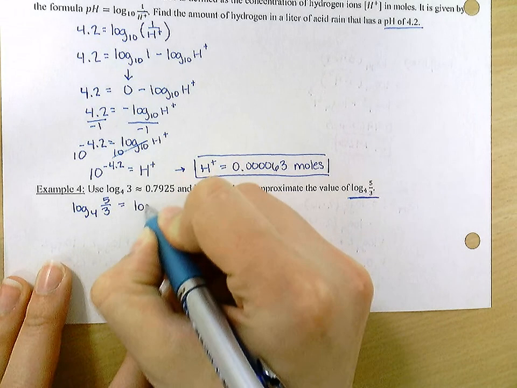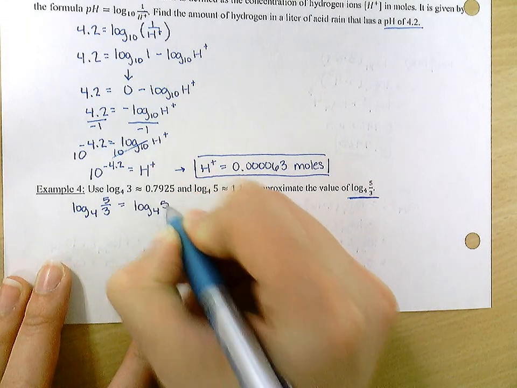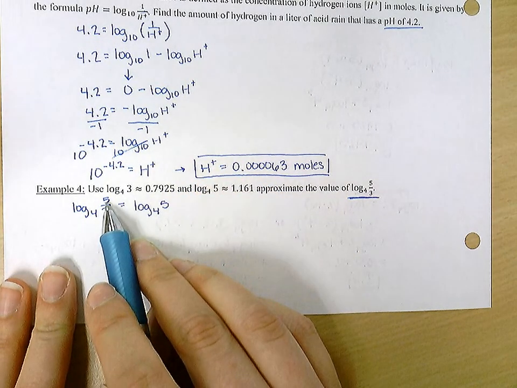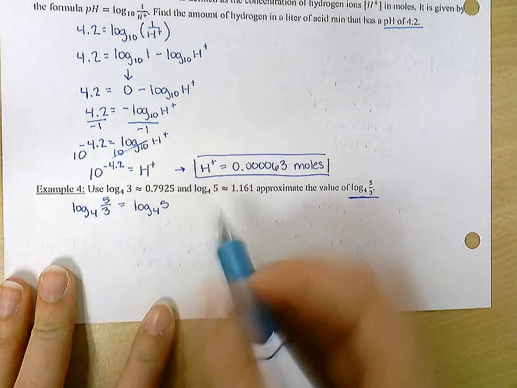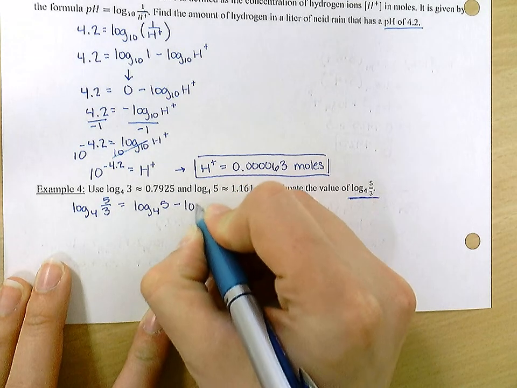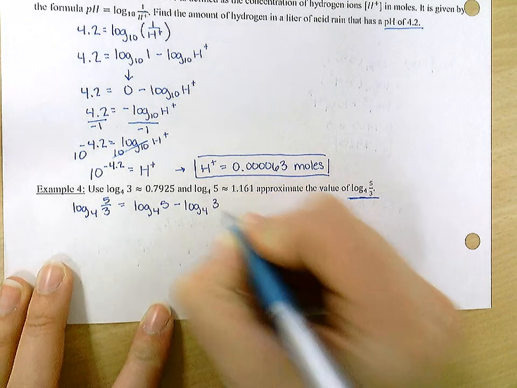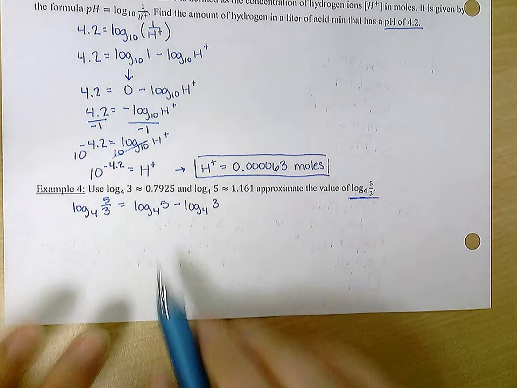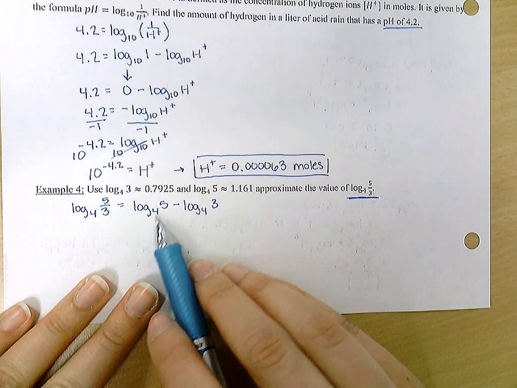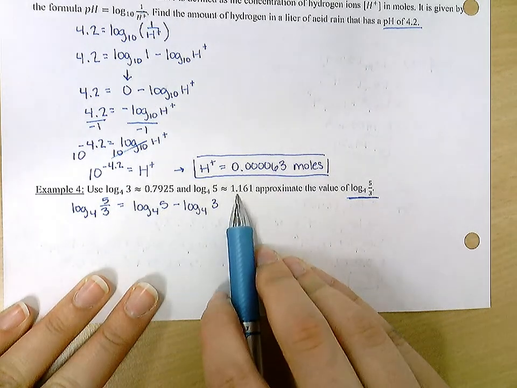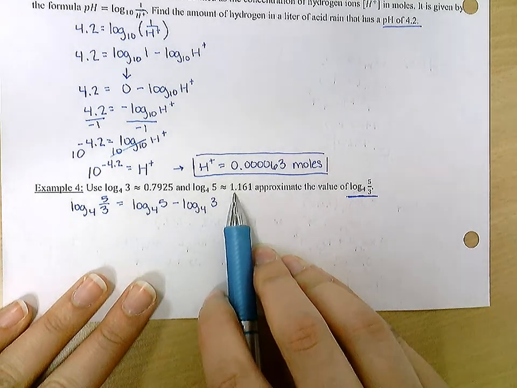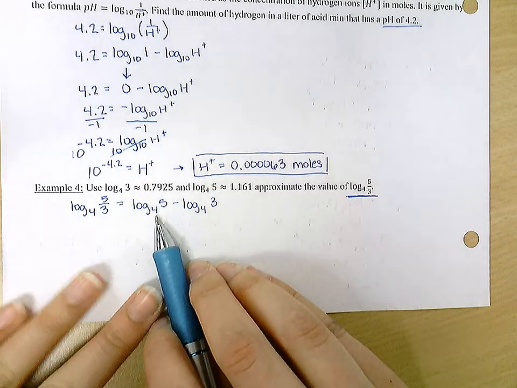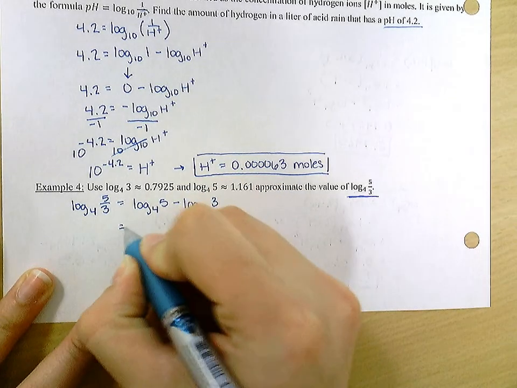So I could change this to log base 4 of 5, taking the numerator, minus log base 4 of the denominator, which is 3. I'm just changing that fraction again into subtraction. Now we were given log base 4 of 5 is 1.161, so I can replace log base 4 of 5 with that number.